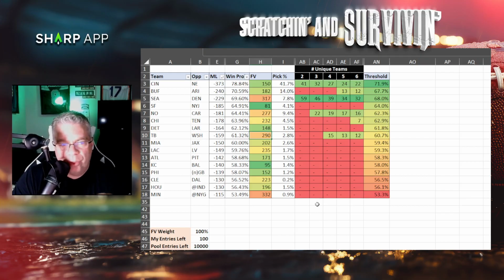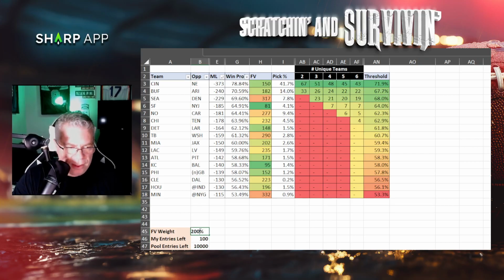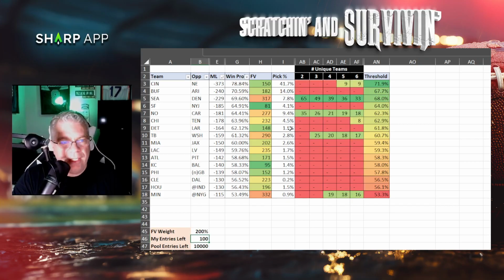Tampa, similar situation. So what happens is the higher this number gets, it looks more towards the future value column than the win probability column. As this number decreases, win probability becomes of the utmost importance. As you increase this, let's say to 200%, you're going to see we don't even care about Cincinnati anymore.